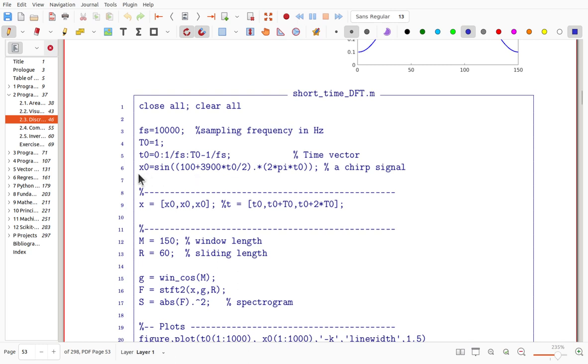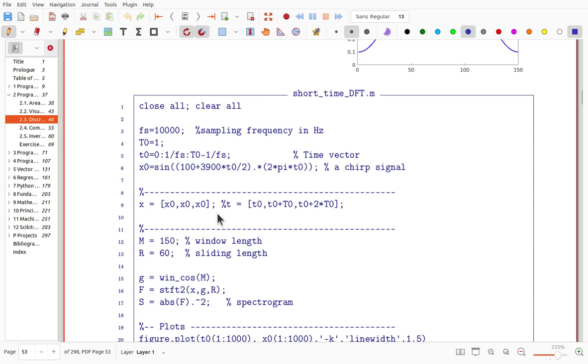Okay, this small portion of the chirp signal is now duplicated 3 times for the data. So x0, x0, x0. So we'll deal with this one.